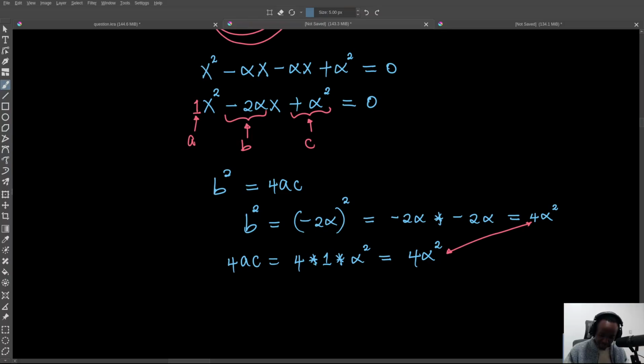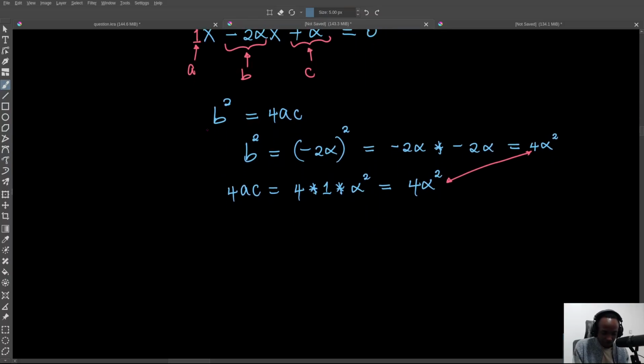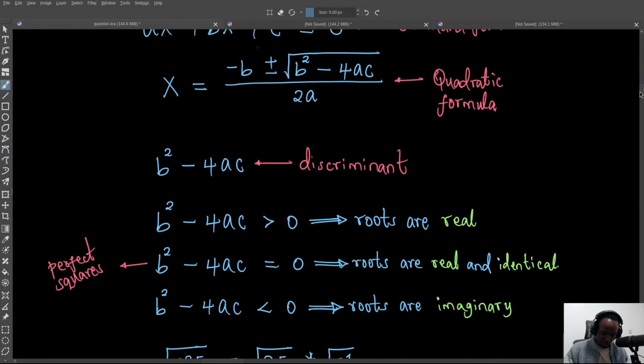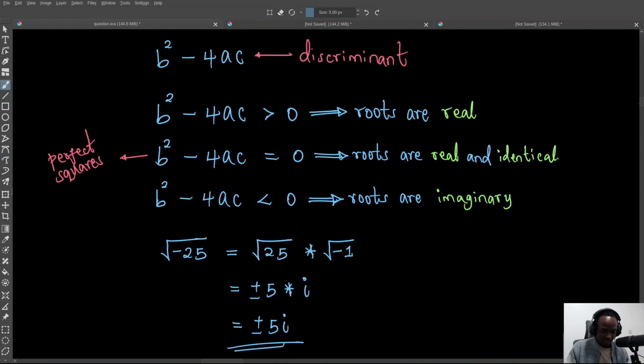It also means that this equation, if we take the 4ac to the left, will mean that b squared minus 4ac is equal to 0. And that is what I was talking about earlier. So when b squared minus 4ac is equal to 0, just know that the two roots are identical and that we are talking about perfect squares.